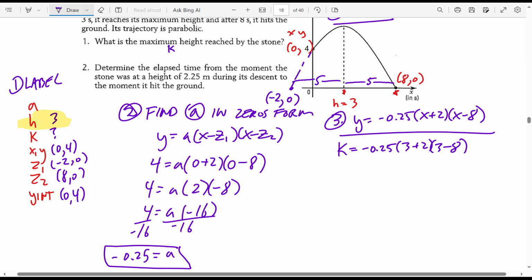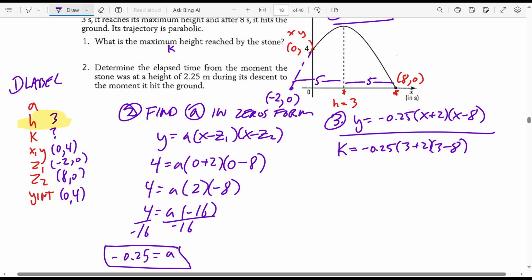Did you want me to put the little formula there that you would have taken it from? That's still the zeros form. The option right now is, you could FOIL that, multiply everything by negative 0.25, deal with it in general form, and then use the quadratic equation.